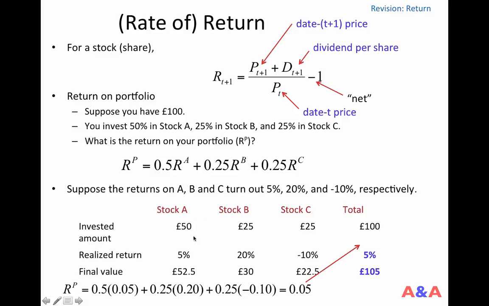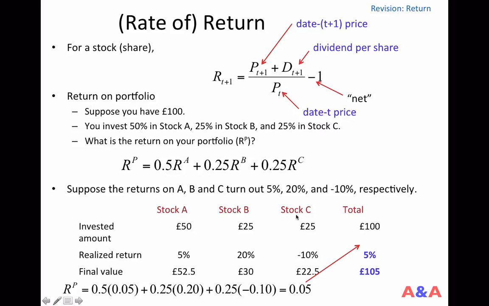You originally invested £50, but you got 5% return, so it's now 5% higher, which is £52.5. Similarly, you originally invested £25 in the stocks of company B. The realized return was 20%, so now the total value of the stocks of company B you own is £30, 20% higher.